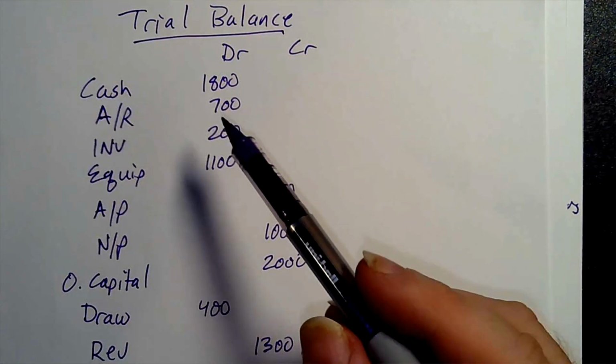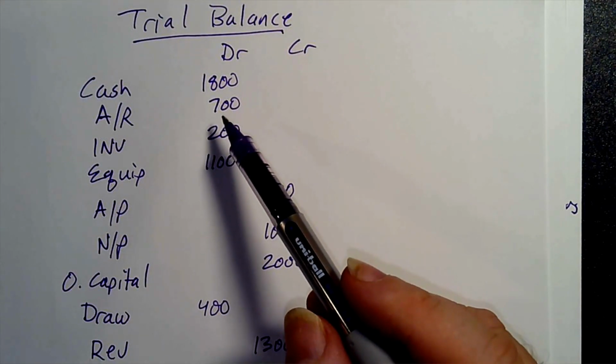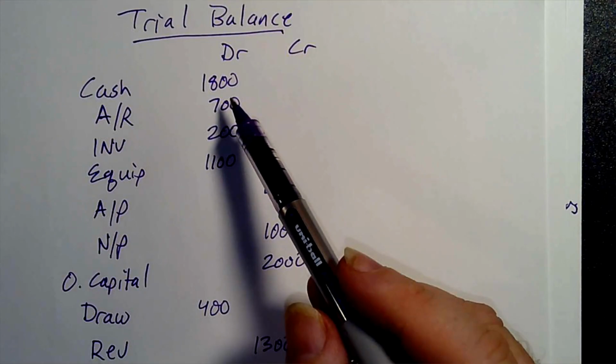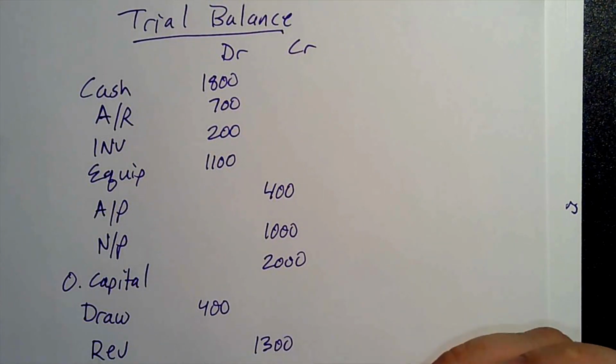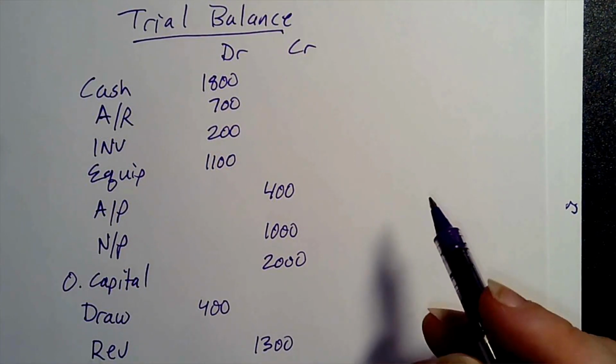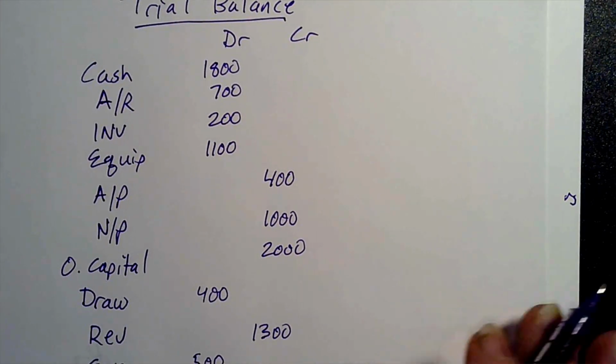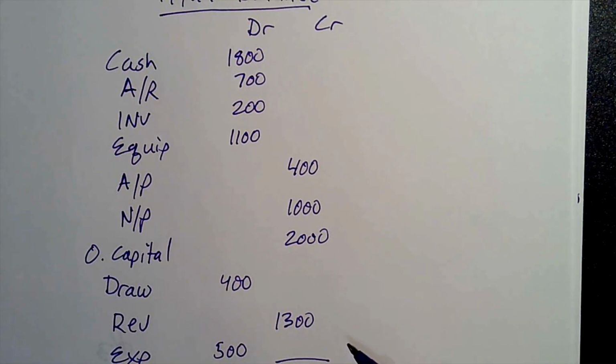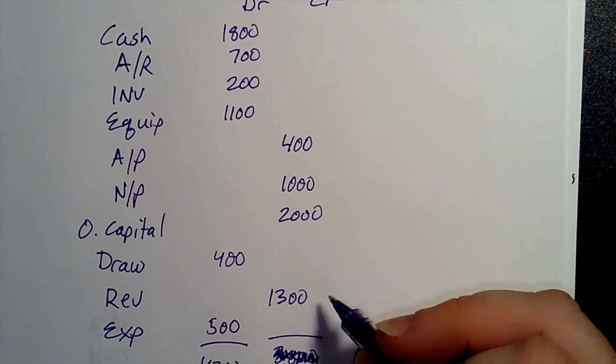The trial balance is just taking the end of month balance, whatever the summary is in each T account, and putting it on a trial balance. I put it in this order for a particular reason: this order allows us to transfer this stuff directly to the financial statements.